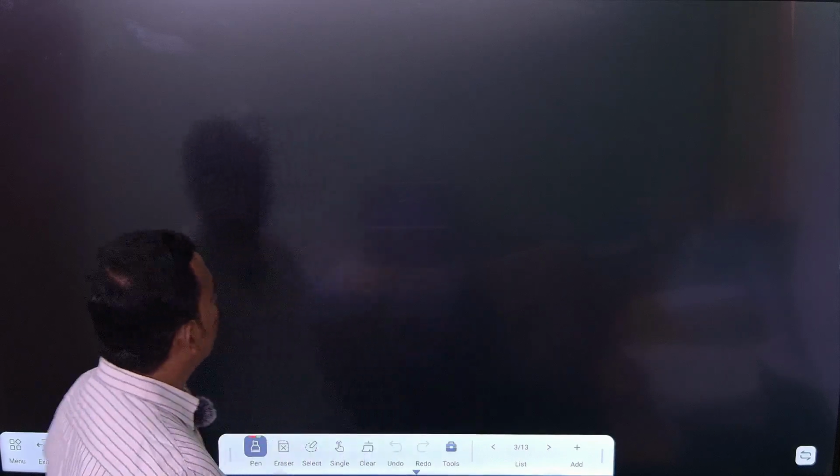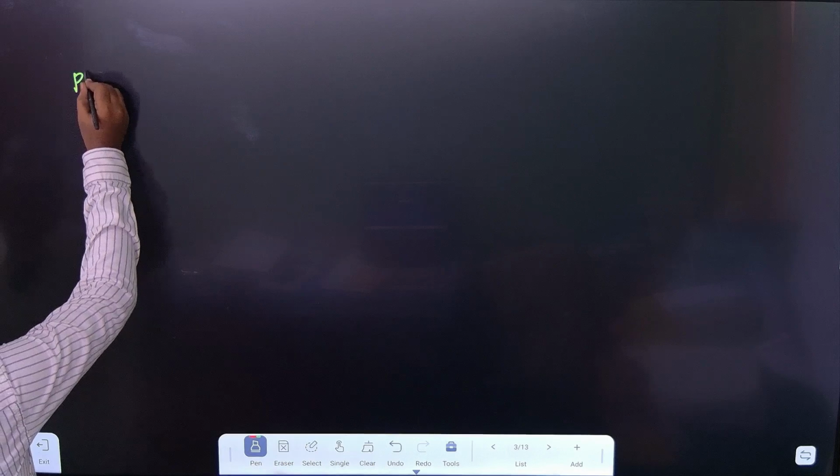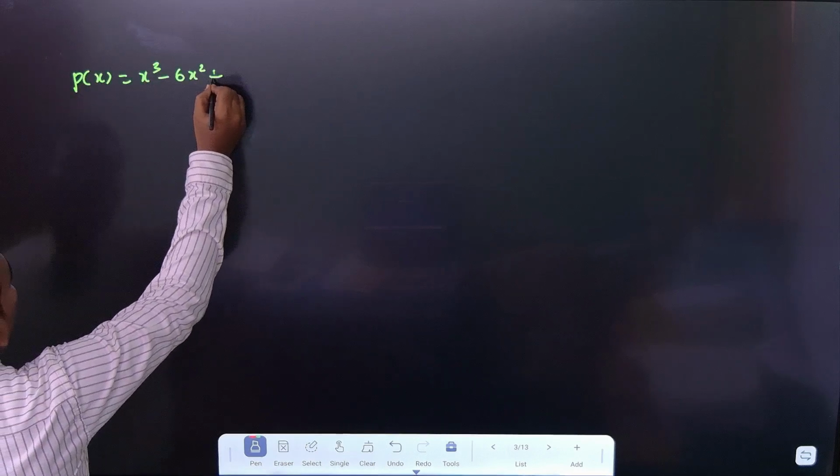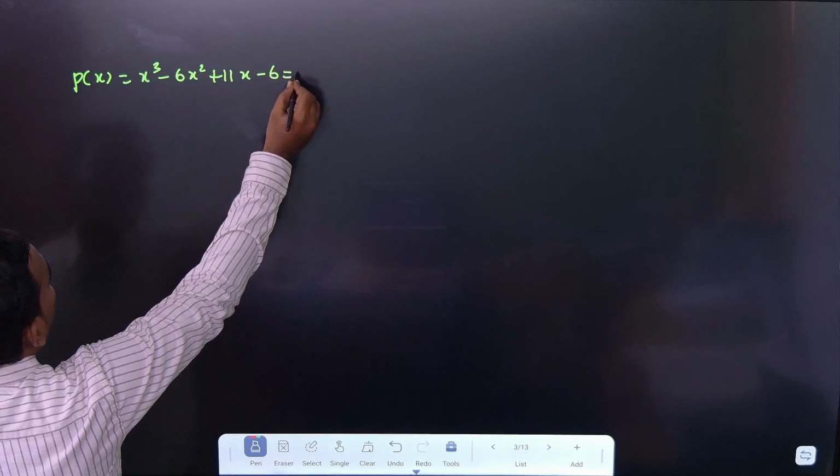Next we will discuss the cubic polynomial, and biquadratic polynomial, and how to find the roots of the polynomial. For example, here p of x equal to x cube minus 6x square plus 11x minus 6 equal to 0.